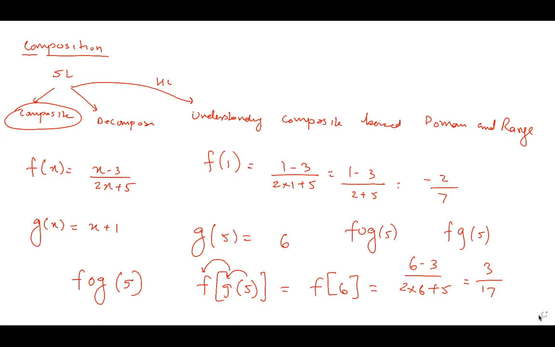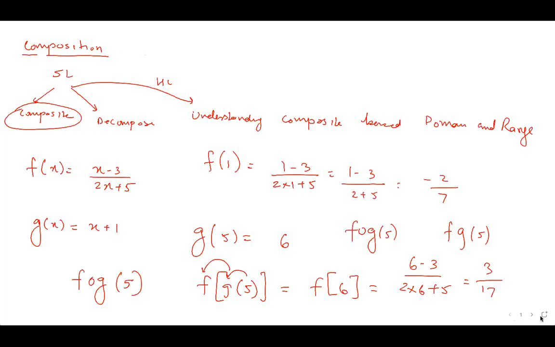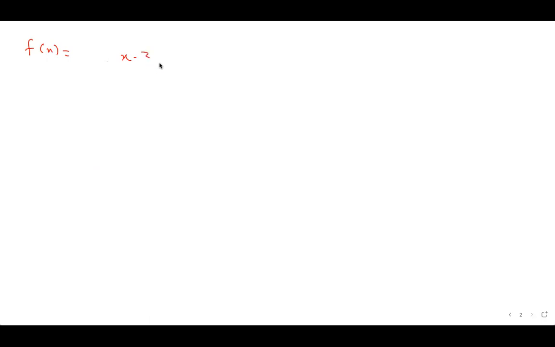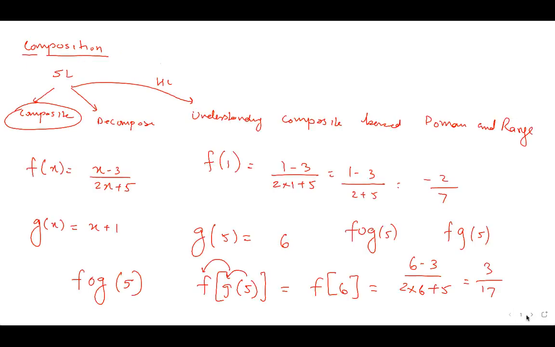Now, let us take the same example: f of x is x minus 3 upon 2x plus 5, and g of x is nothing but x plus 1.